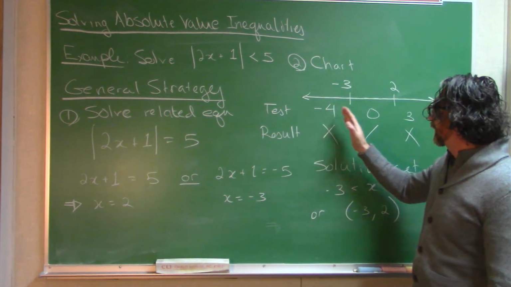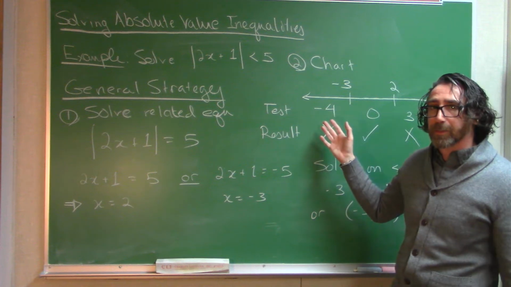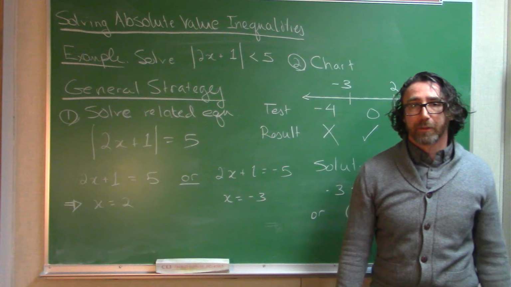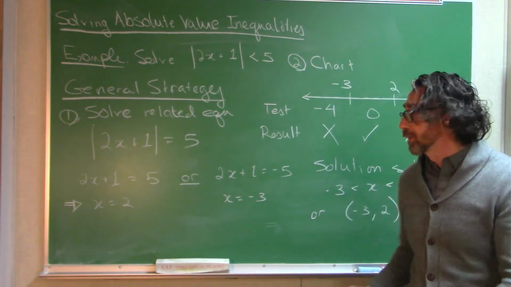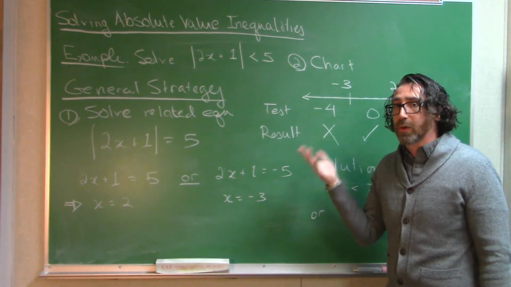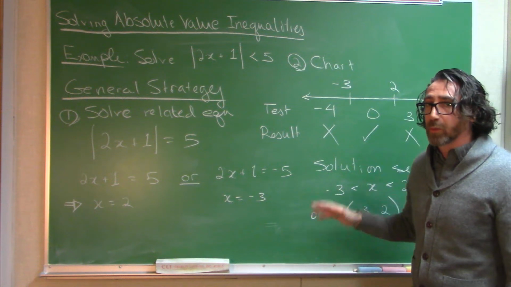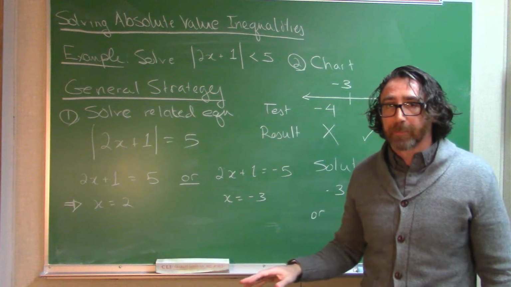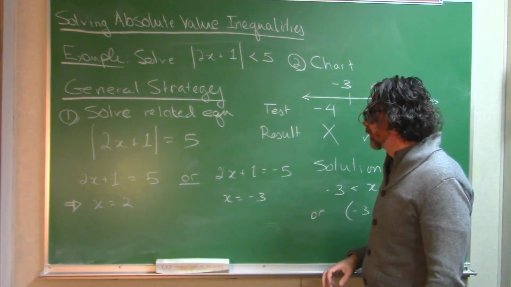Okay? And then pick test points in each of the regions. And then take those test points and check them in your inequality. If they work, then that entire region is part of the solution. If your test point doesn't work, that entire region is out. Okay, so very, very neat tool here.